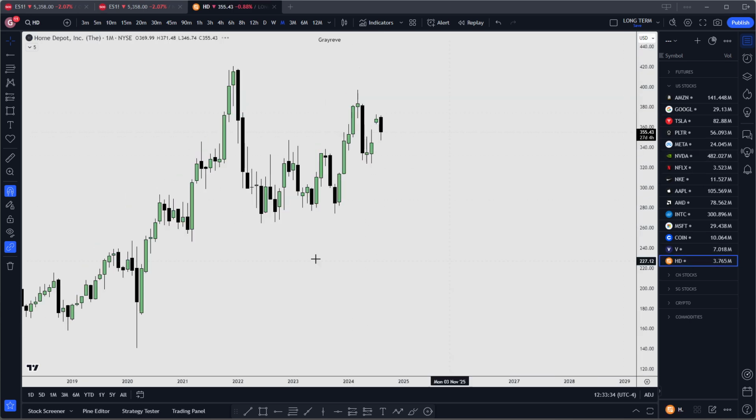Okay. Next up we have Home Depot. I don't like how we have relative equal lows down here coupled with the trend line. Okay, this to me is liquidity below. We have right now taken out swing highs, equal highs right here. Let's see if it wants to reverse to go lower.